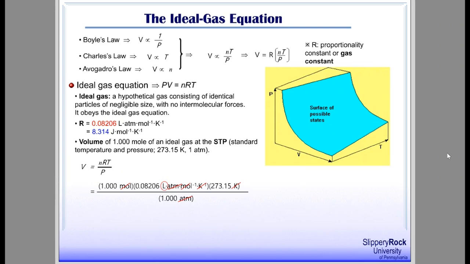Finally, the volume of ideal gas at STP is 22.41 liters. Be aware that you must use the appropriate gas constant in this particular problem, which is 0.08206 liter atm per mole per Kelvin, not 8.314 joule per mole per Kelvin, because the pressure of gas is given with the unit of atm.